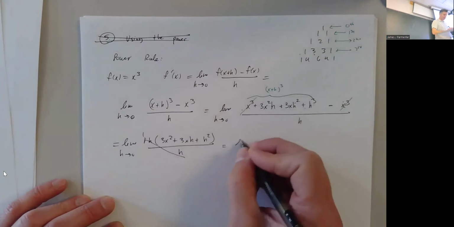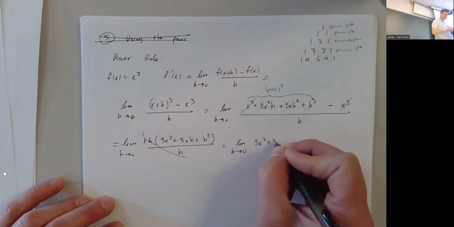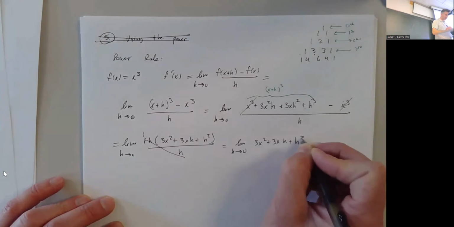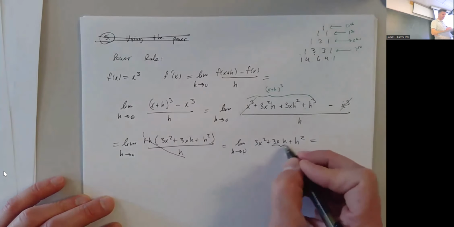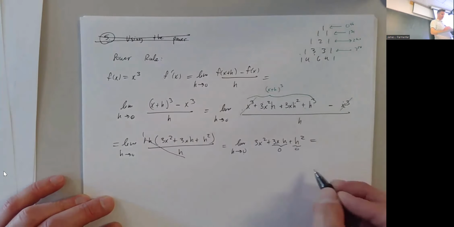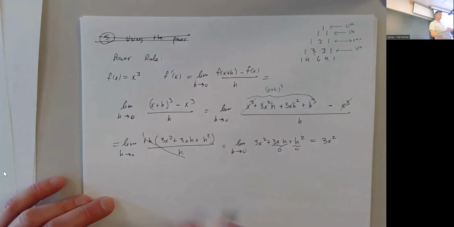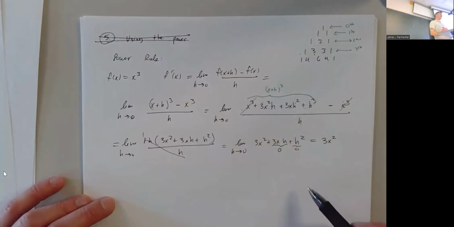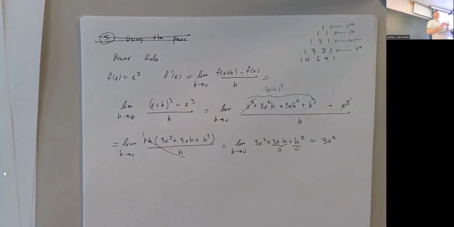So then I'm left with the limit as h goes to 0 of 3x squared plus 3x times h plus h squared. And when I plug in the 0 for all the remaining h's, that's going to be 0 and that's going to be 0. So I'm just going to get 3x squared, or 3 times x to the 3 minus 1. You're thinking about it in terms of the power rule. This pattern happens every time.